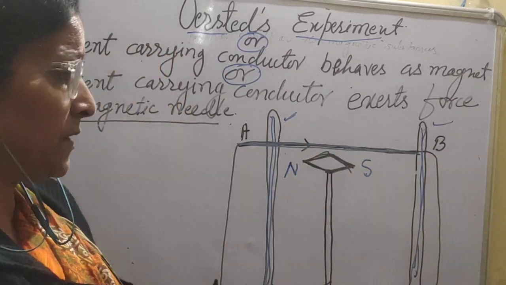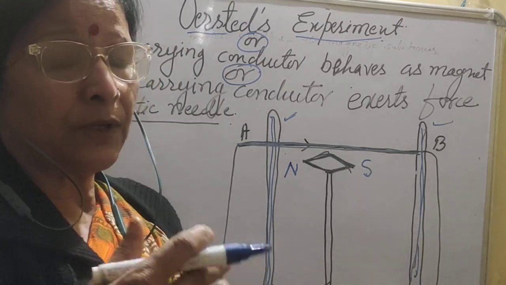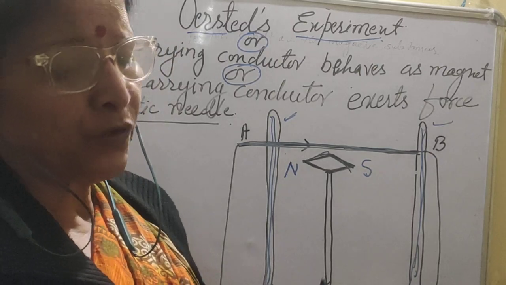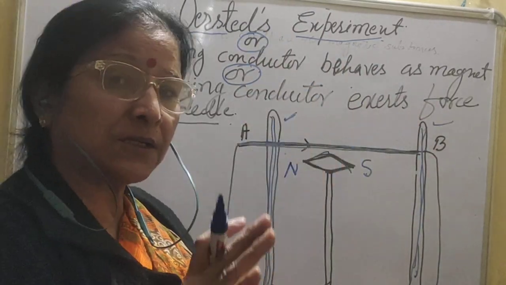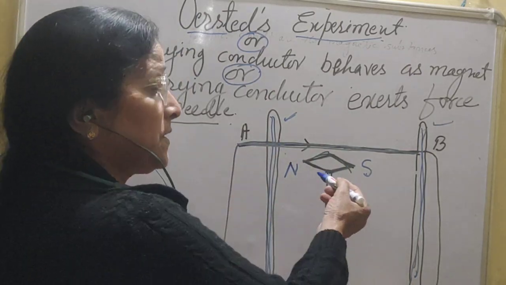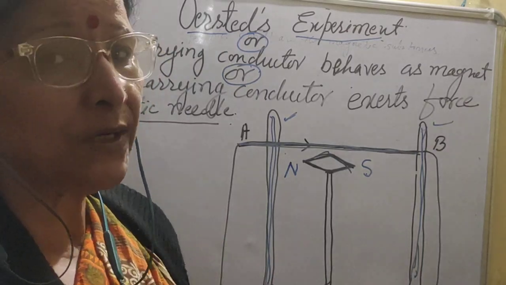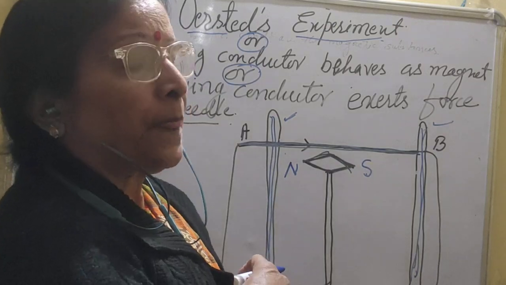The magnetic needle is on the stand, and it is a freely moving magnet. As it is pivoted on the stand, it can change its direction on its own. When it is kept over here, one end will point towards the north direction, and the other end will point towards the south direction.